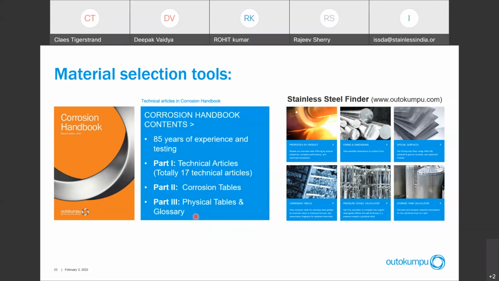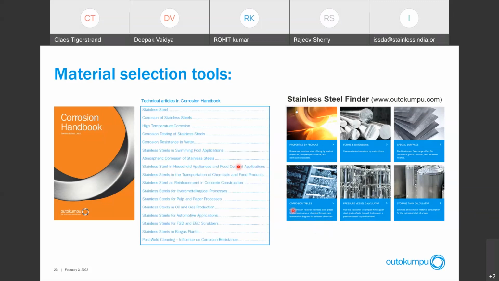I don't think it's only a few of you that have this handbook, but don't worry: we have the corrosion tables also online, and I will guide you to that as well. And if you are interested in some of the technical articles I just showed you, it would be possible to send an electronic copy of one or two of these.